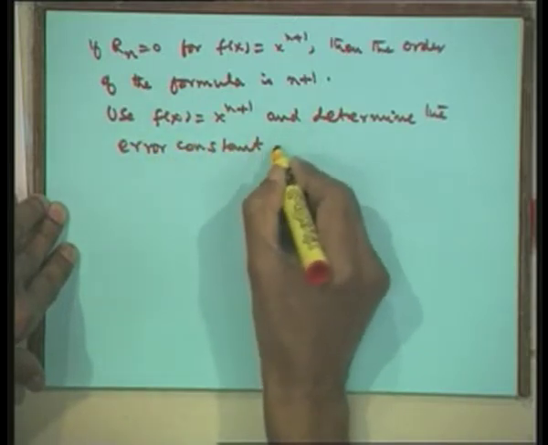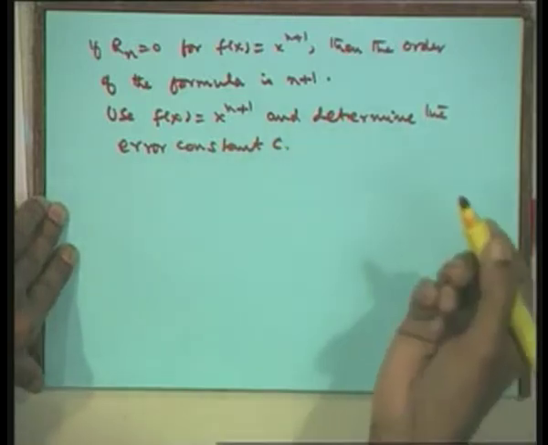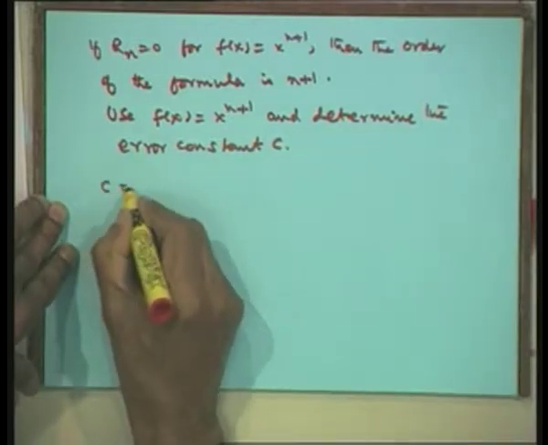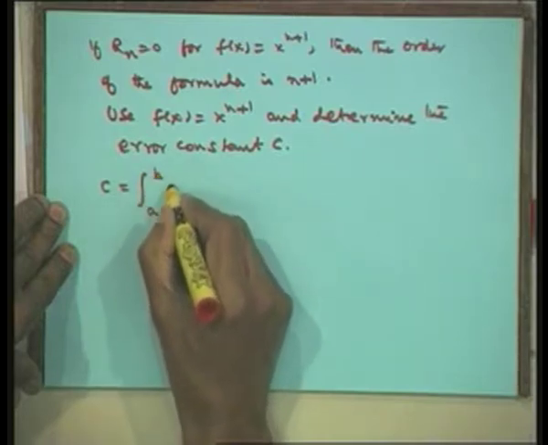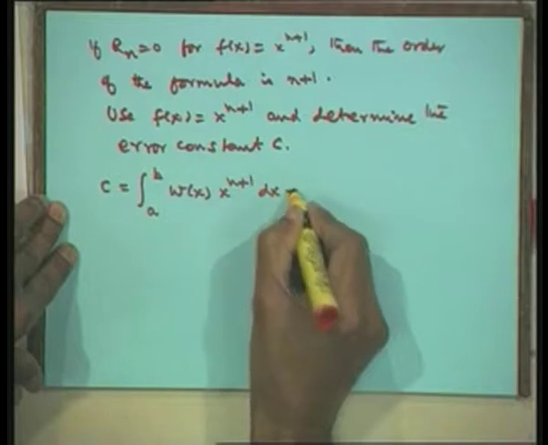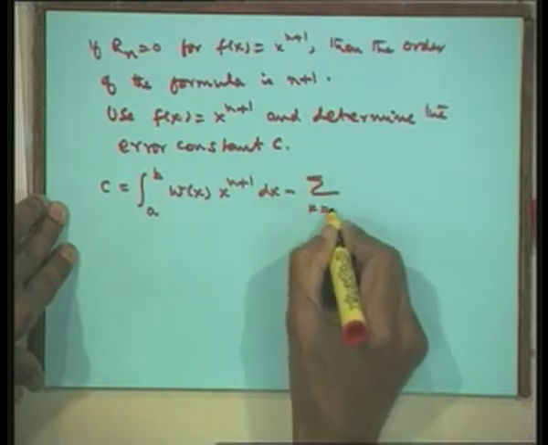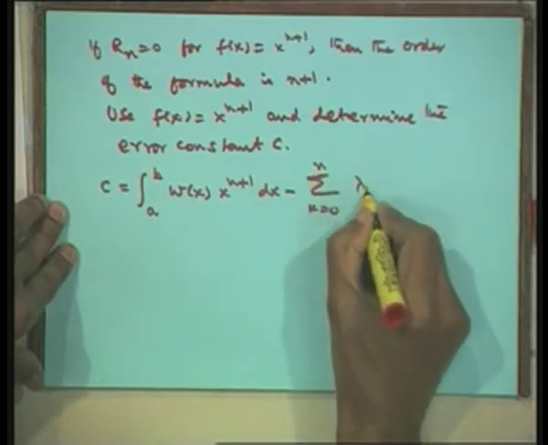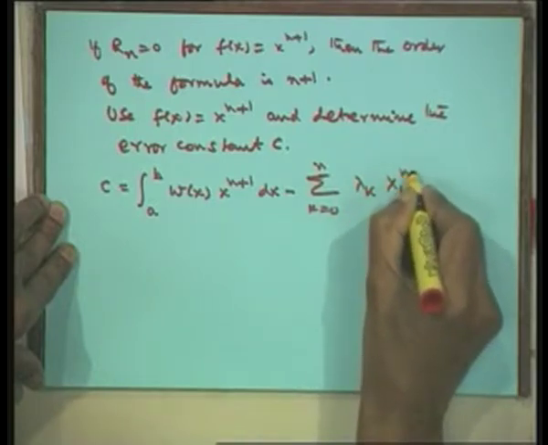We shall call the error constant as c, you can call it by any other name. Therefore, c is defined by integral a to b w x x to the power of n plus 1 dx minus summation k is 0 to n lambda k x k to the power of n plus 1.